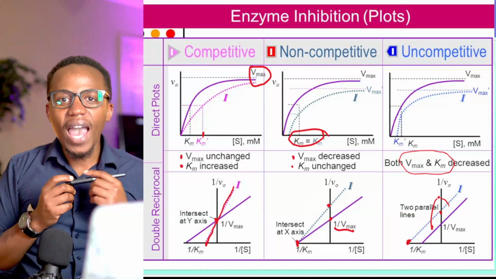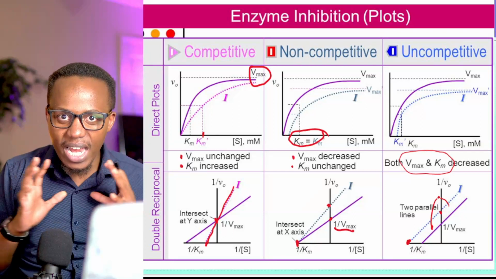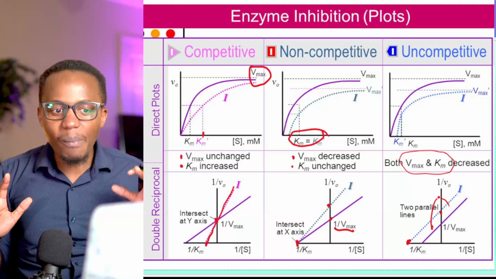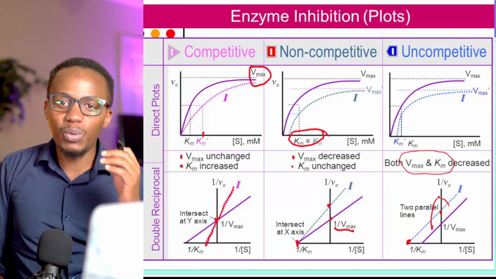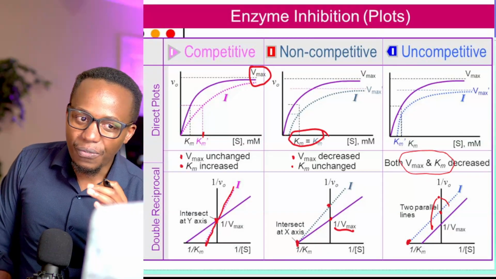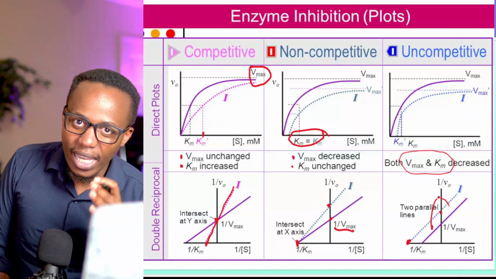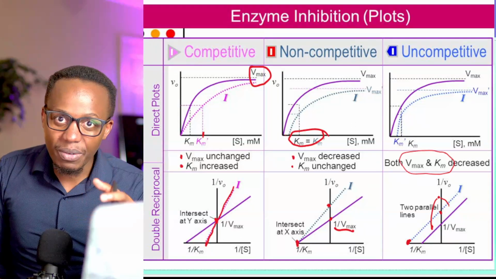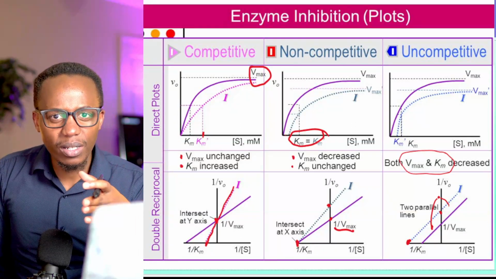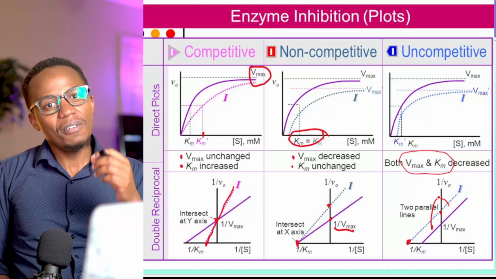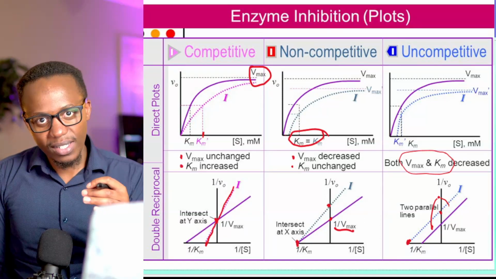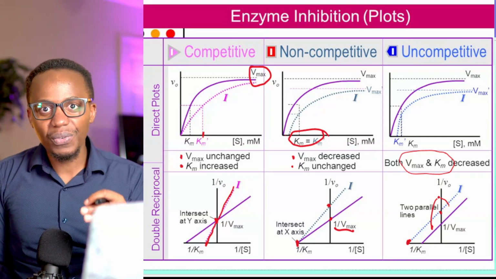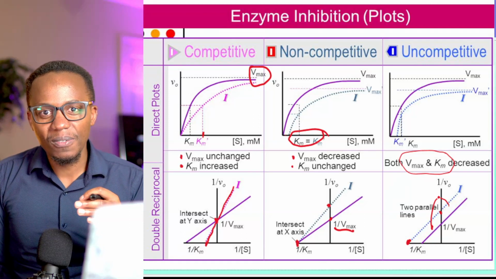It's because if I have an inhibitor that I've never tried on my enzymes, guess what happens? I'm going to study it, and I will find the Km and the Vmax of the enzyme by itself, then I will find the Km and the Vmax with the inhibitor, and then I will see, oh, okay, based on these changes, is my inhibitor competitive, non-competitive, or uncompetitive?